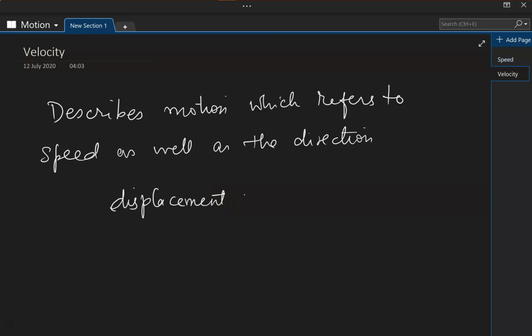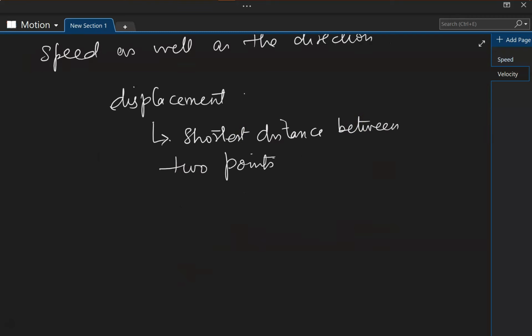Now, displacement is the shortest distance between 2 points. And what does that mean? Let's say you remember your place is this and your friend's place is this, and we had done this type of exercise, remember?